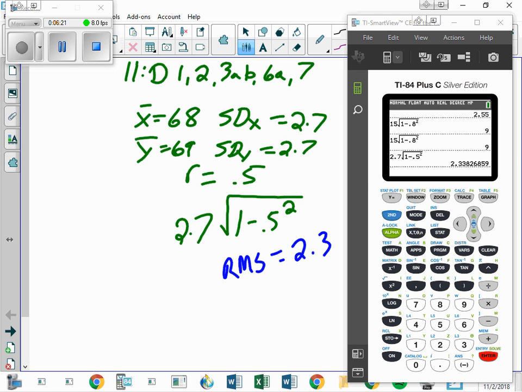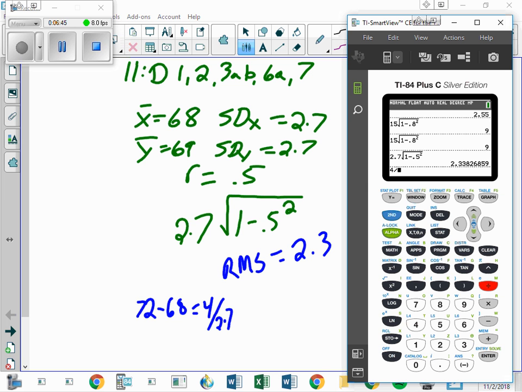If a father is 72 inches tall, predict his son's height. How do I predict the son's height? I have to figure out how much taller he is. So 72 minus 68 equals 4. Divide that by 2.7.